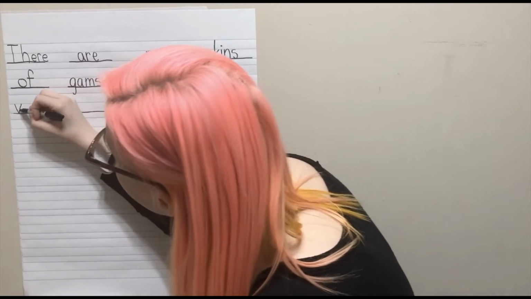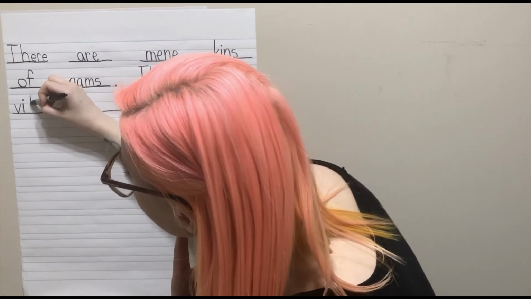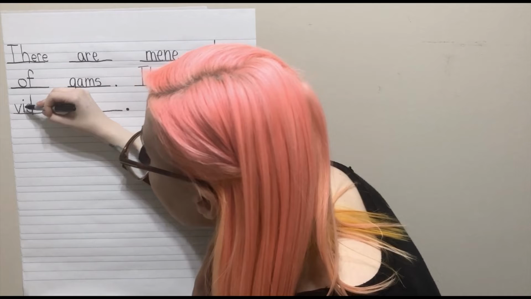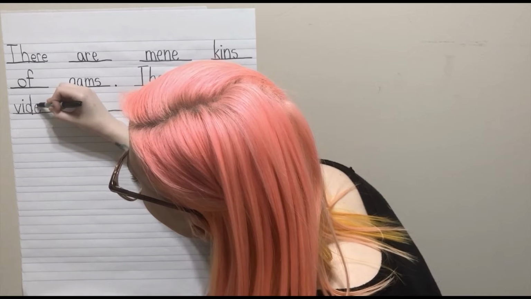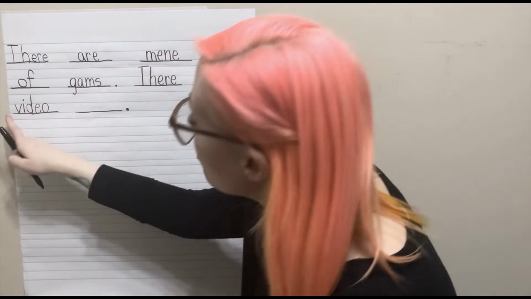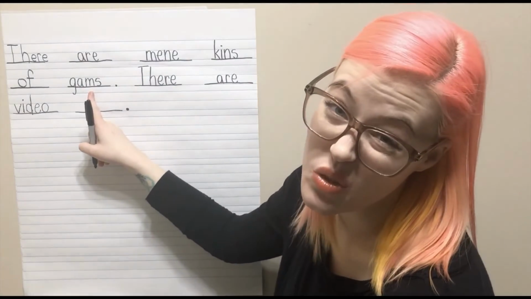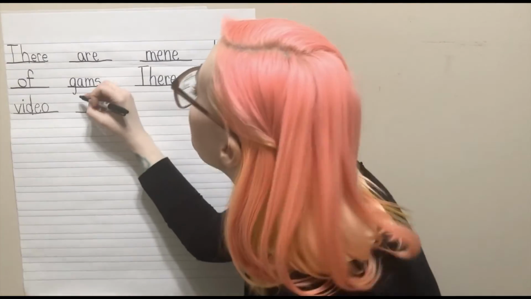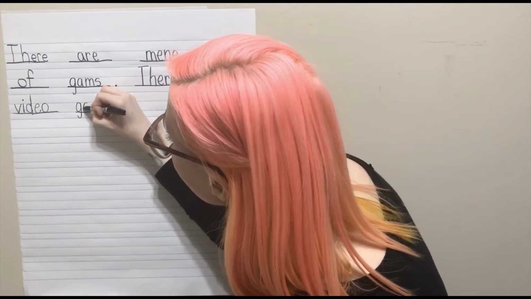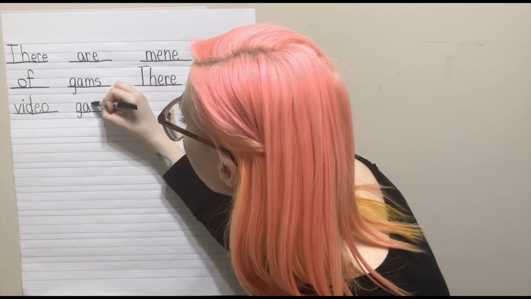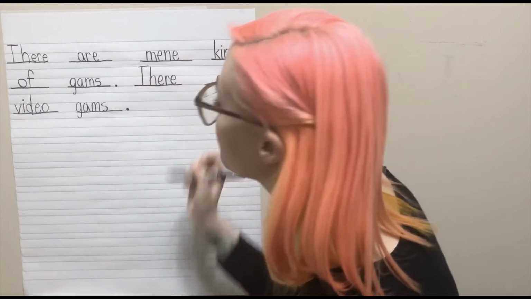V says V, I says id, D says d, id, E says E, video, O says O, video. Games, and we can copy that word because we've stretched it out once, or we can stretch it out again. G says G, A says A, aim, M says M, games, S says games.